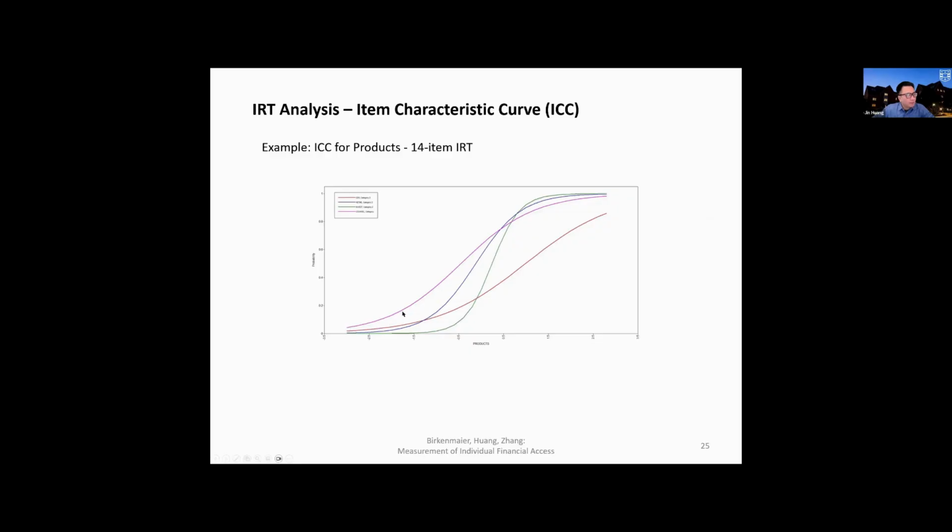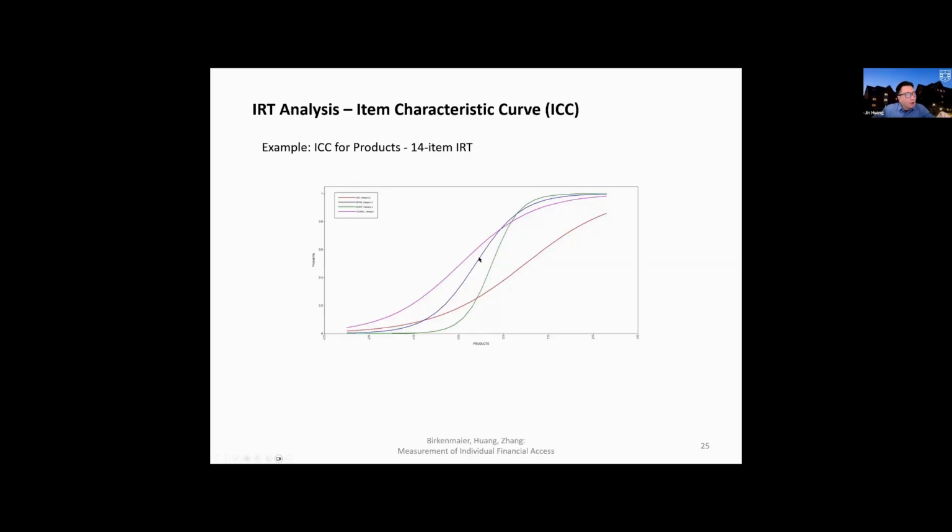The first one on the left side, the pink one, is the CDs. Along the X axis, you can see the rank or difficulty level of these 4 items for financial access. The item on the left side has a low difficulty level. As you can see here, the lowest difficulty level of the financial products measuring financial access is CDs, which means most people can clear this hurdle to answer the question.